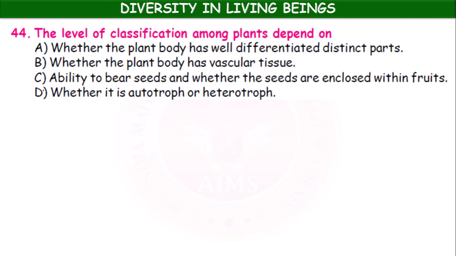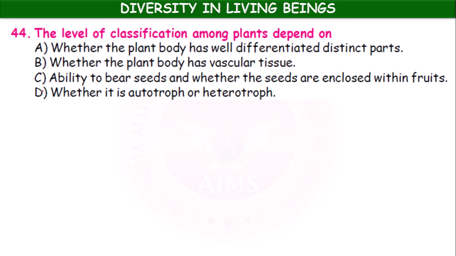The level of classification among the plants depend on whether the plant body has well differentiated distinct parts, whether the plant body has vascular tissue, the ability to bear seeds, and whether the seeds are enclosed within fruits. And the last option, whether it is autotroph or heterotroph.